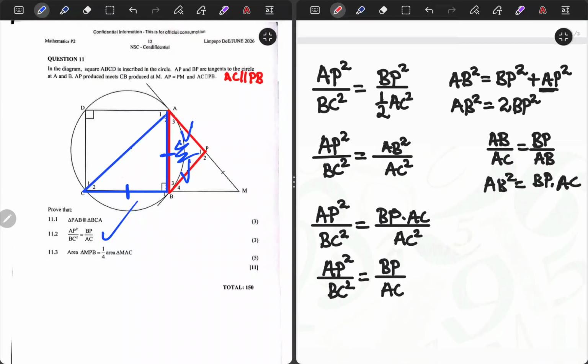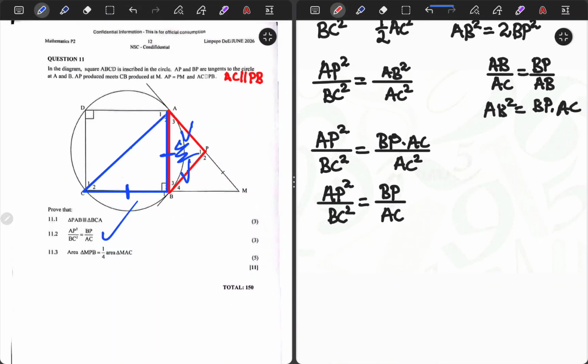Let me see the last one. How are we going to do the last one? Let's talk about the area here. The area of this triangle is MB. We understand this is 90. This will be the base.